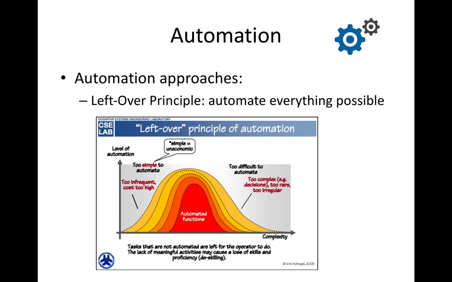But in many cases, there are tasks that we run very frequently, or tasks that are relatively simple to automate. And so we would try to start with those tasks that we run very frequently, that are very simple to automate. But our end goal is to try to automate everything that we possibly can within our organization.